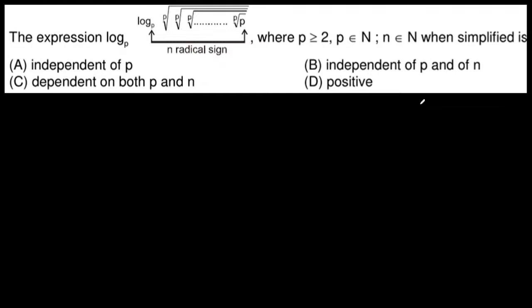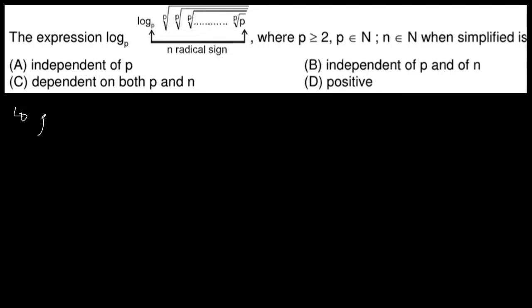It is 1 by p, 1 by p, 1 by p to the power 1 by p, so it is 1 by p to the power n. So the answer is simply n, which is independent of p.